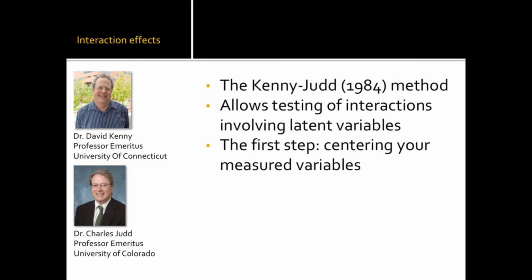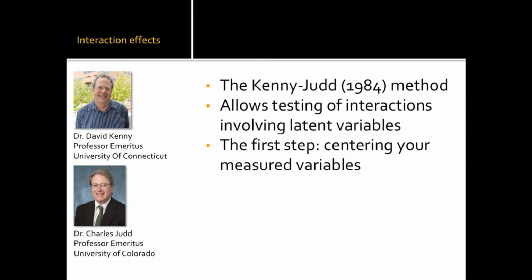Okay, so this is the transition now to graphing for structural equation models. For structural equation models, the first step is to center your measured variables. This is attributed to Kenny and Judd. That's the same David Kenny who has studied and published on mediation methods and strategies over the years. He was a busy guy in his career.